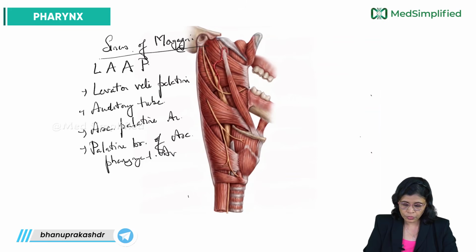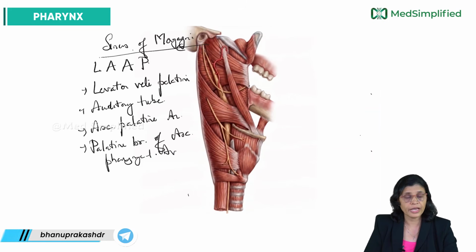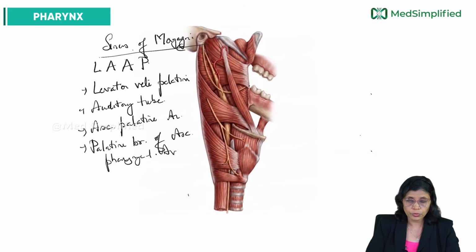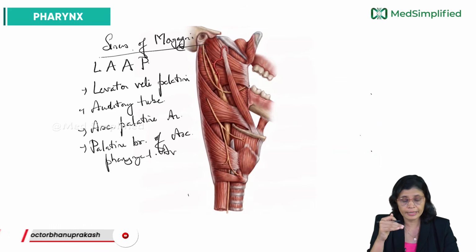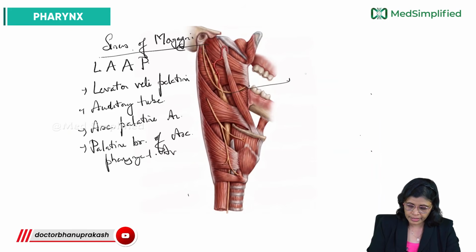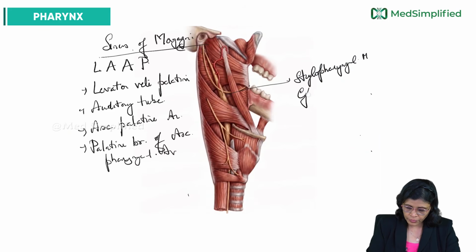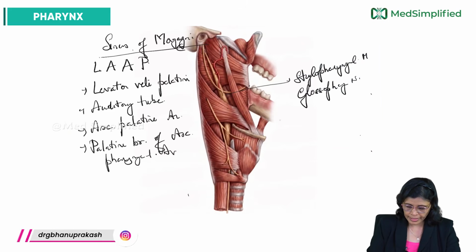Then between the superior and the middle constrictor, we have one muscle and one nerve which supplies that muscle passing through the gap. Here we will have the stylopharyngeus muscle and the glossopharyngeal nerve, which will be supplying that.